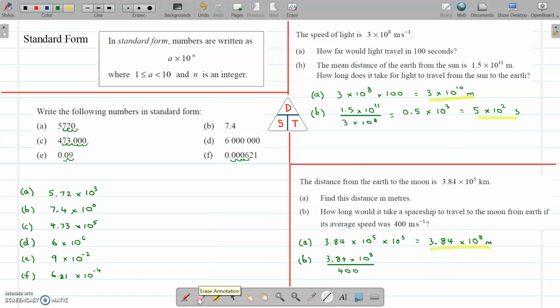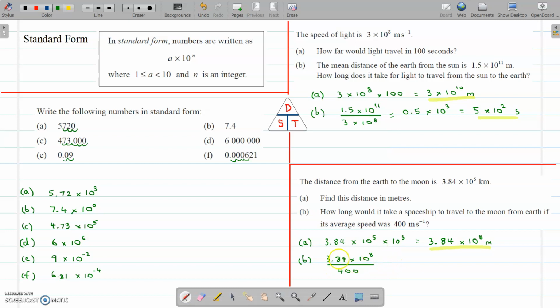Now you may notice that 384 is 16 away from 400. So 384 over 400 is 192 over 200, which is 0.96 over 100. I'm going to just keep that like that for the moment.